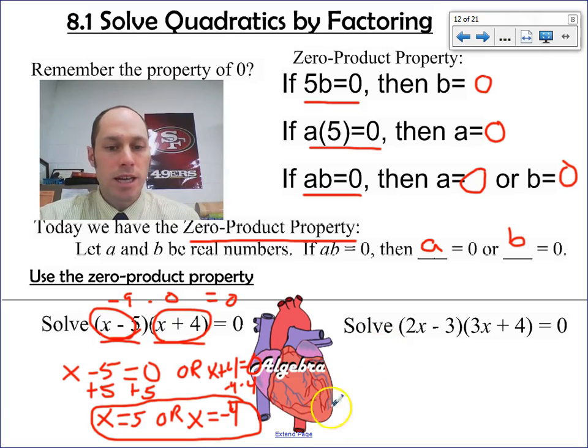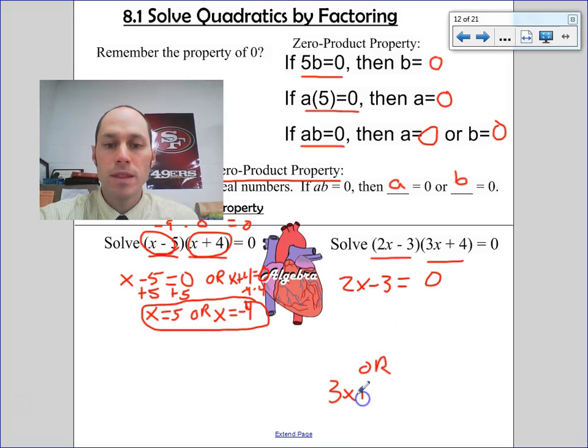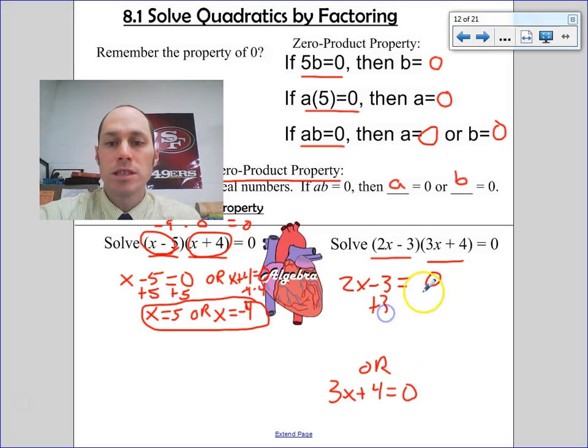So if we try that with the second example, I know either 2x minus 3 equals 0, or I would have 3x plus 4 equal to 0. And then I would solve both of those equations to find out my solutions. So here's how we can use factoring. If we can get into two factored products, we would know that we could solve for x in that case.